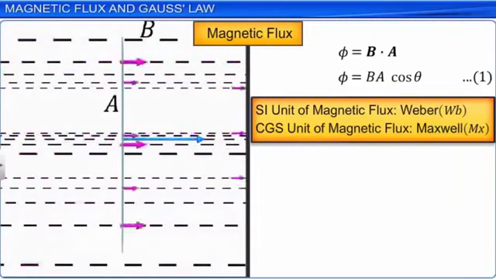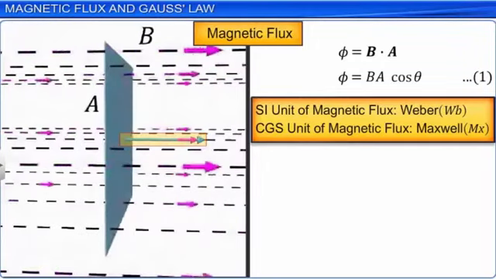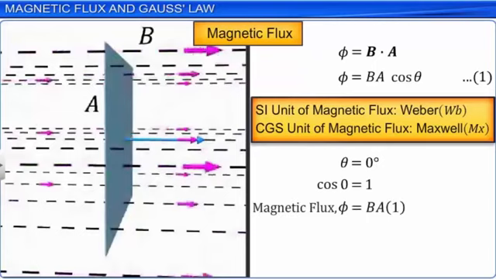That is, the angle between the plane of the given area and the magnetic field is 90 degrees. The angle between the area vector and the magnetic field, theta, is equal to 0 degrees. Cos 0 degrees is equal to 1. Thus, the magnetic flux phi is equal to BA.